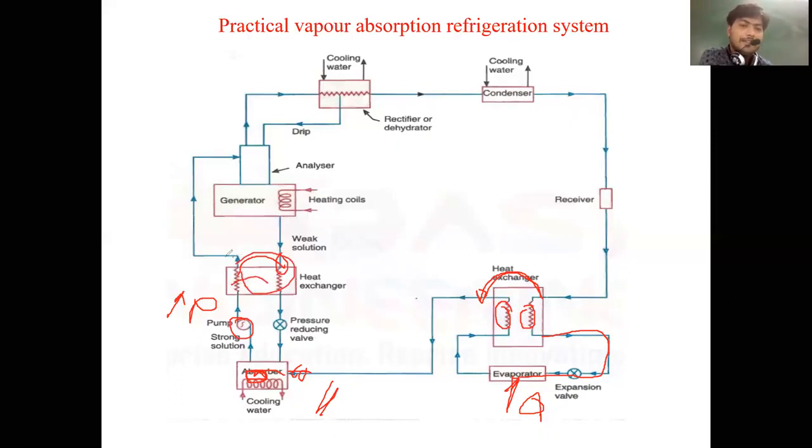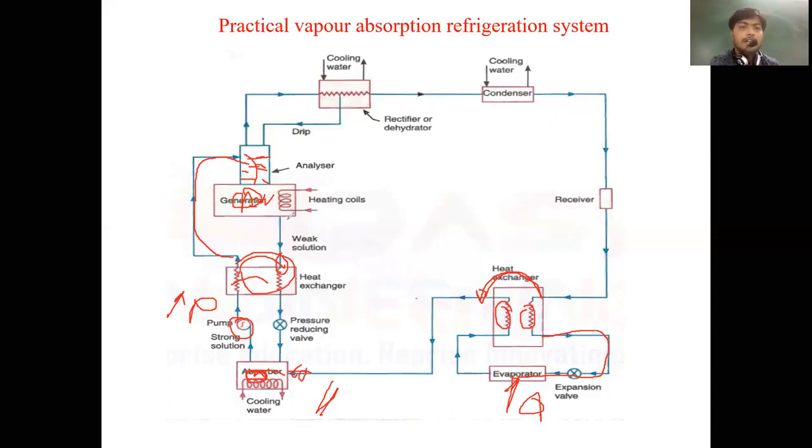Then after the heat exchanger, the strong solution passes into the analyzer, where water vapor or droplets are separated, because in the analyzer some plates are arranged like this. The water vapor is extracted, and the generator, where heat is supplied by a heating coil, separates the remaining water vapor.